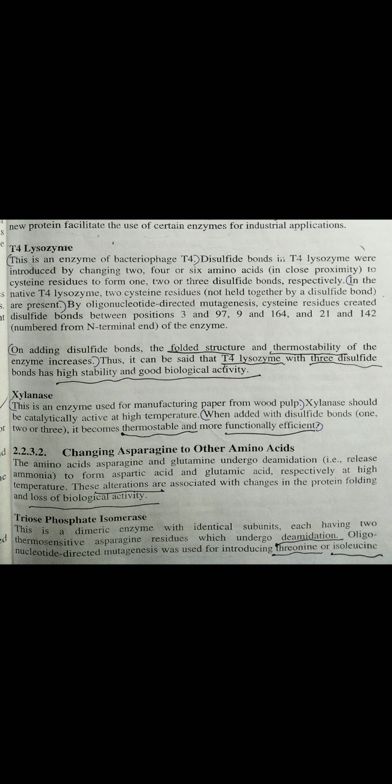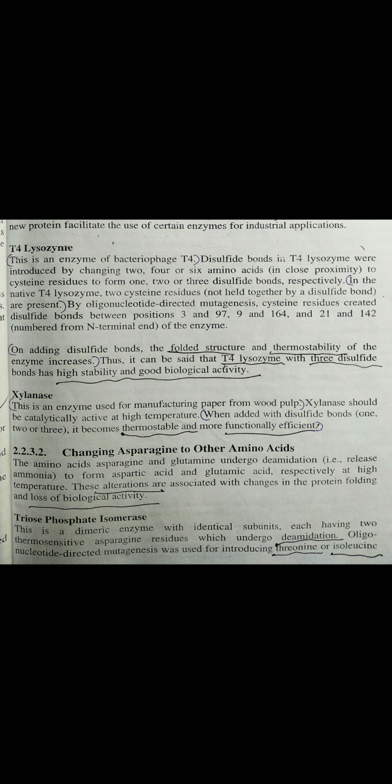Due to mutagenesis, threonine, or we can say isoleucine, is introduced into that. So this threonine or isoleucine is introduced in place of asparagine to obtain the thermostable enzyme.